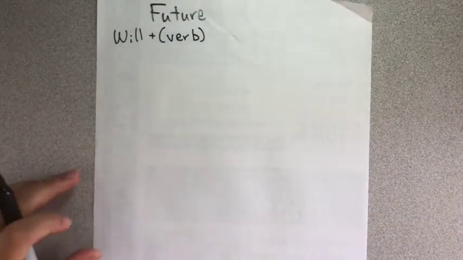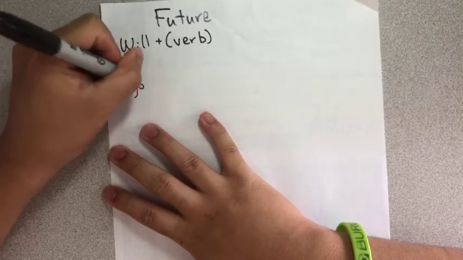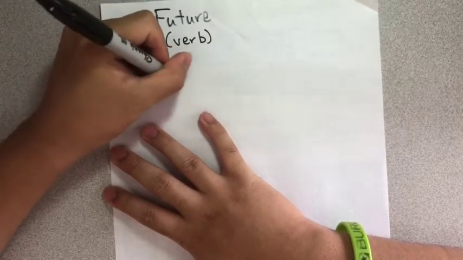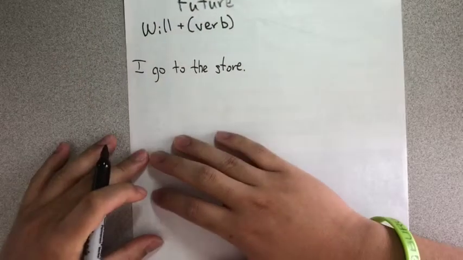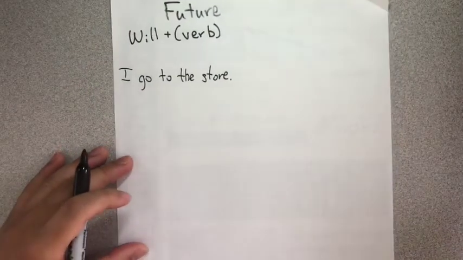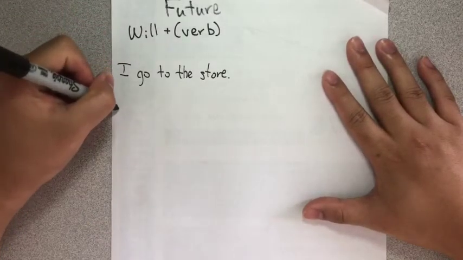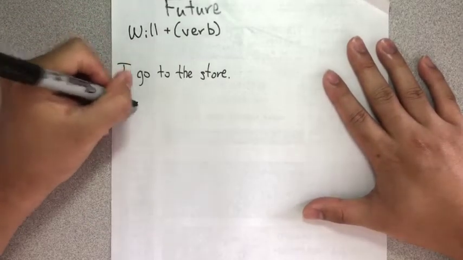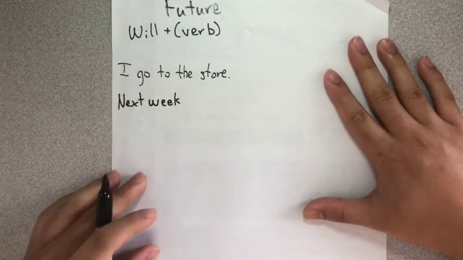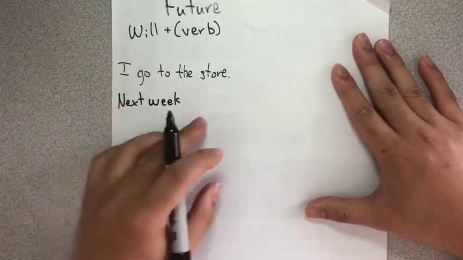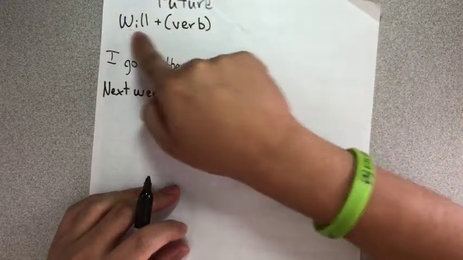Okay? So if we have I go to the store, if we talk about the future, so let's say next week. Next week is in the future. So let's say next week, and then we use the future tense here.